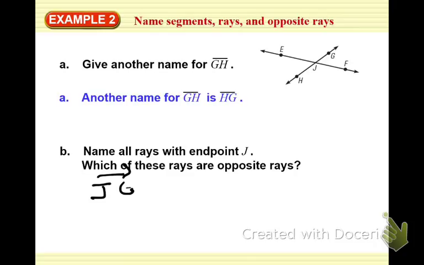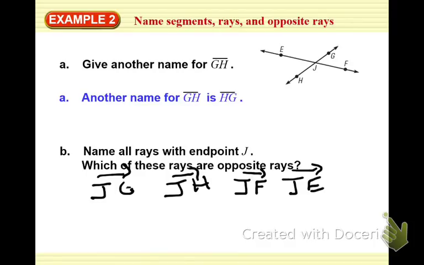JG, as long as you write it like this. How about another one, Tova? JH. As long as you write it like this. Another one, Gabe. JF. Sure. And how about the last one, Janie? JE works.